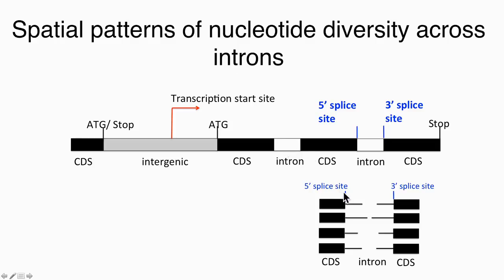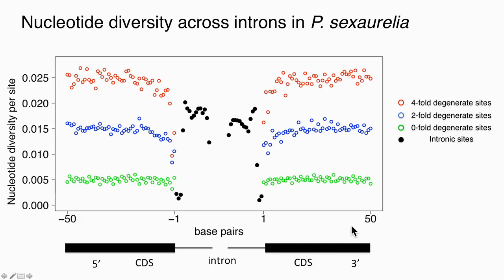We then averaged the nucleotide diversity for each of these positions across all the introns in the genome. In this figure, the y-axis is the nucleotide diversity per site. The x-axis shows you the position of the intron, with -1 representing the 5' splice site and the +1 indicating the 3' splice site.